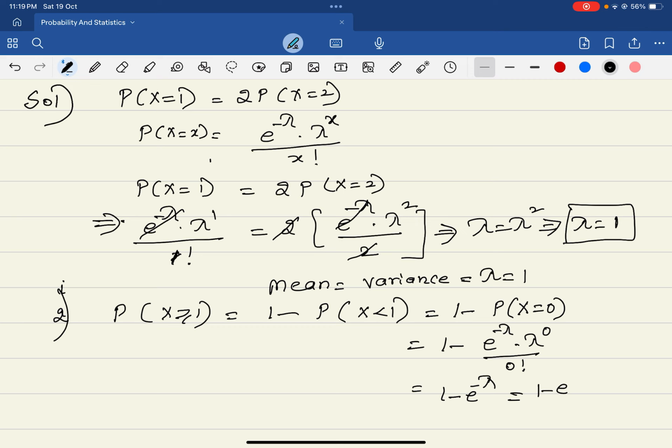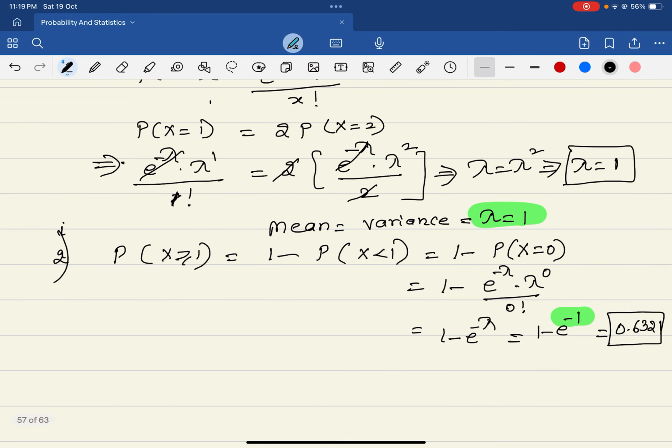Since lambda is 1, that is 1 minus e power minus 1. You can use the calculator to get the solution, which is 0.6321.